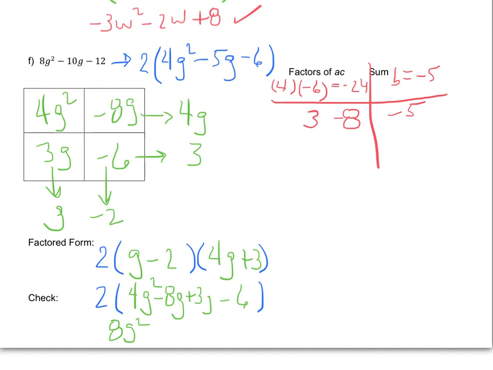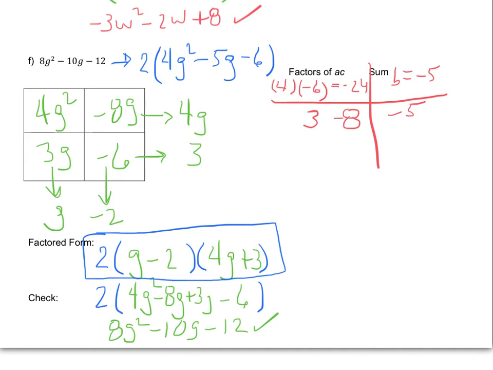There's your 8g squared. The negative 8g and 3g is our negative 5g, which is negative 10g, and 2 times negative 6 is negative 12. So we've checked.